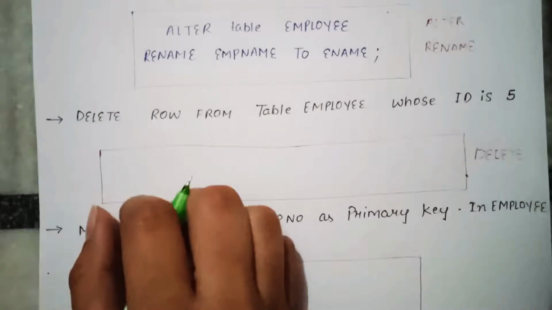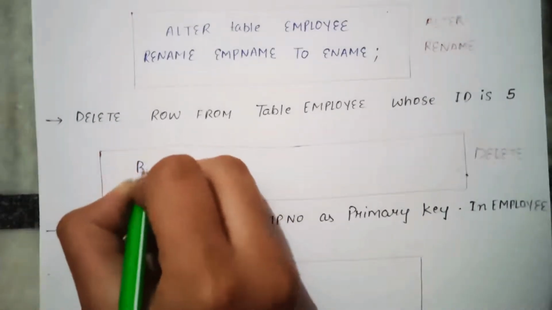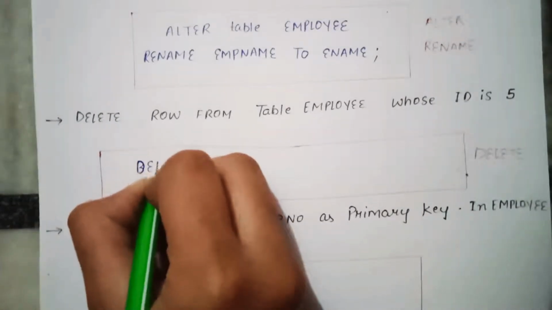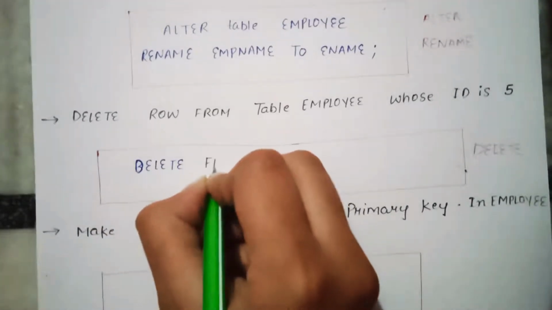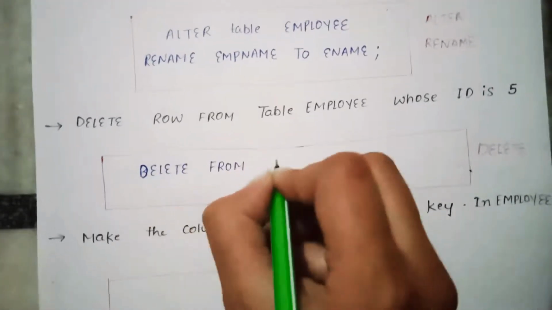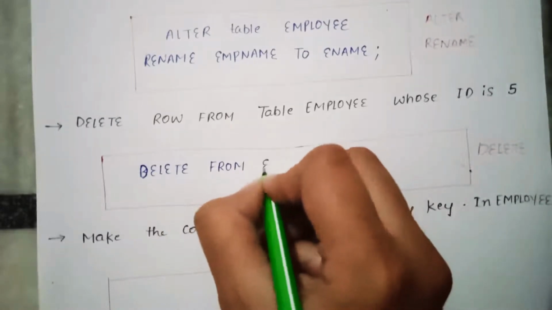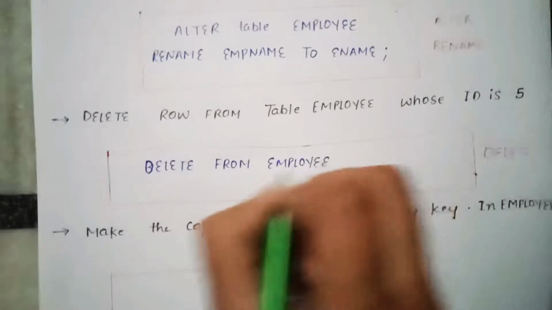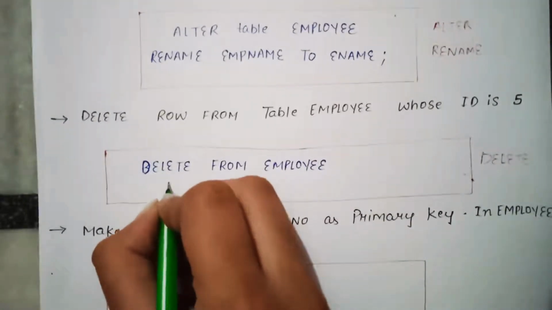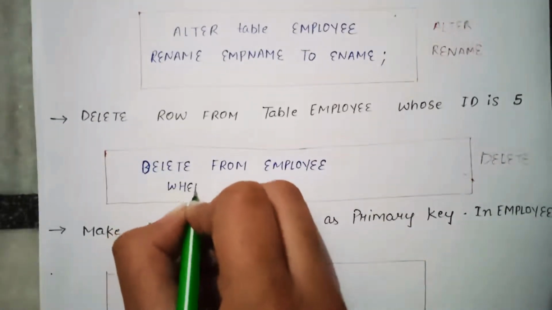So how do we delete over here? The simple query is: delete from, and what is the table name over here? Employee. Next we will specify the condition on the basis of which we want to delete. So what is the condition over here?